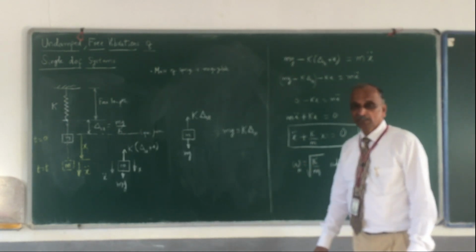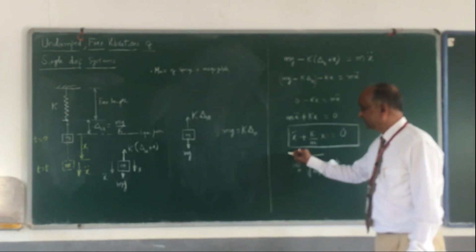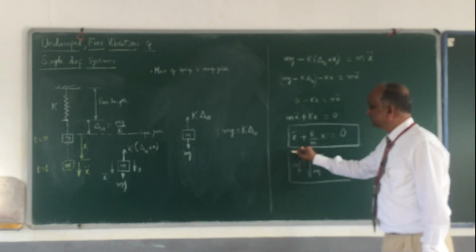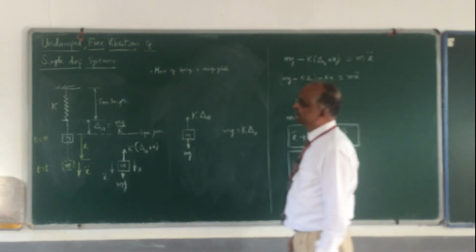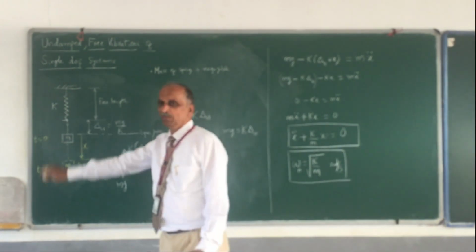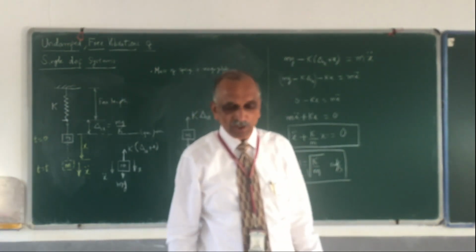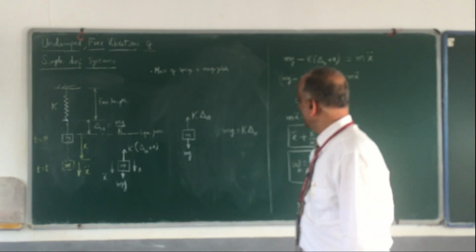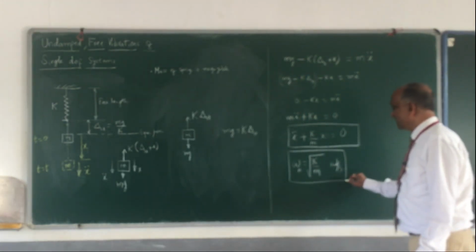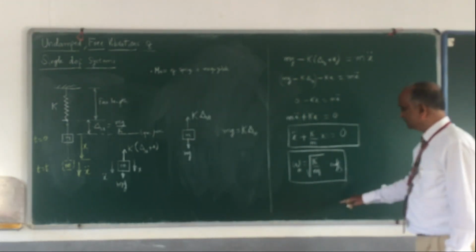Therefore, I shall write it as omega suffix n. The natural frequency of a spring mass system is the square root of k by m.